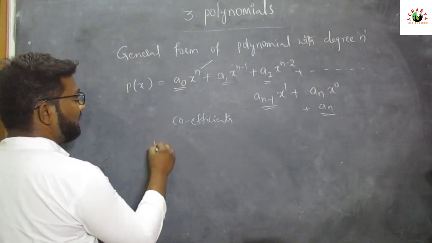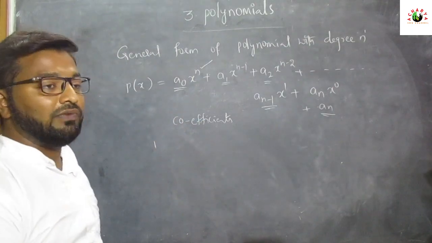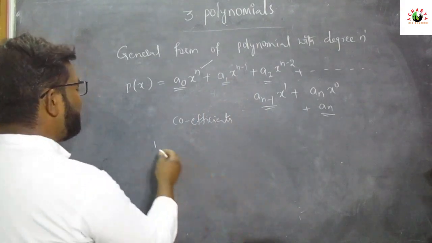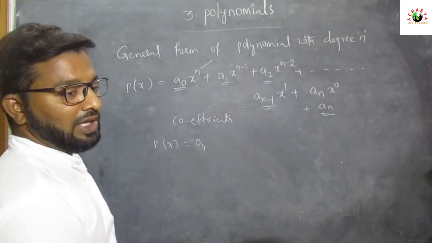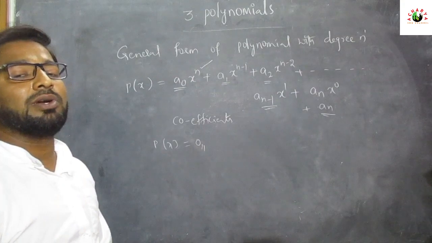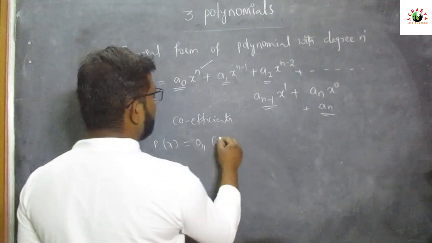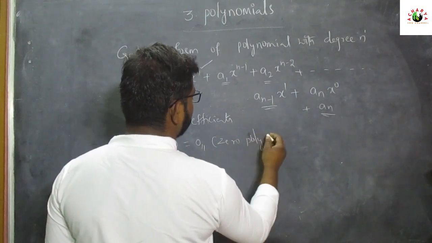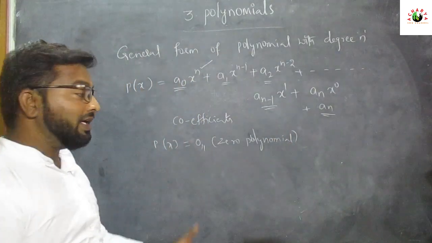Finally we conclude that if a0, a1, a2, a3, a4, like that up to an, all the coefficients are 0, then what is p of x here? Then p of x is equal to 0. If we get the value of the polynomial as 0, that is called the zero polynomial.